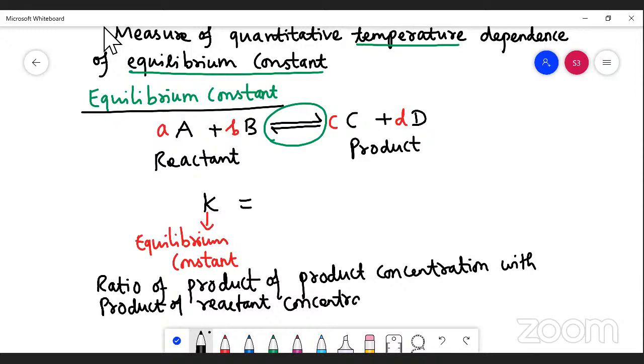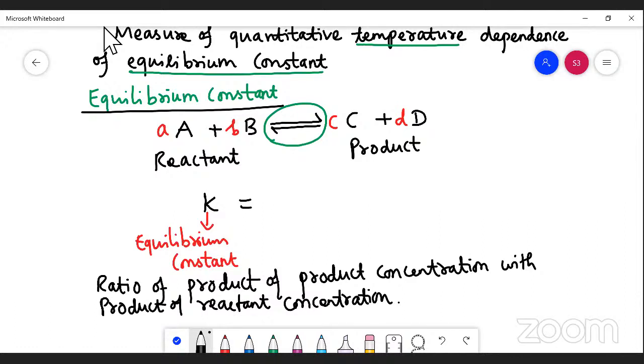The product means a multiple; you may consider one product or two products or three products, it depends upon the reaction. So the equilibrium constant is a ratio of the product of the product concentrations to the product of the reactant concentrations. So it is nothing but the ratio of the concentration of the products to the concentration of the reactants. Okay, so is it clear?